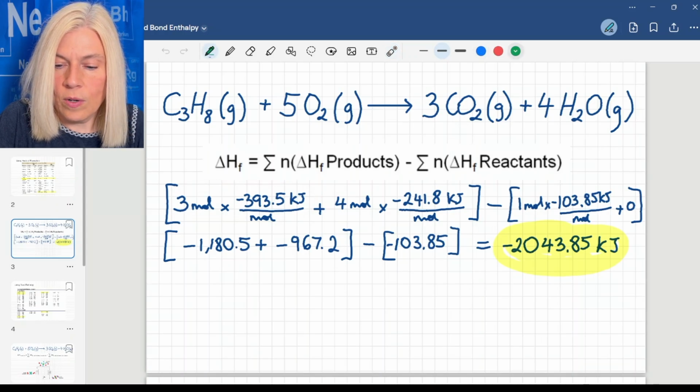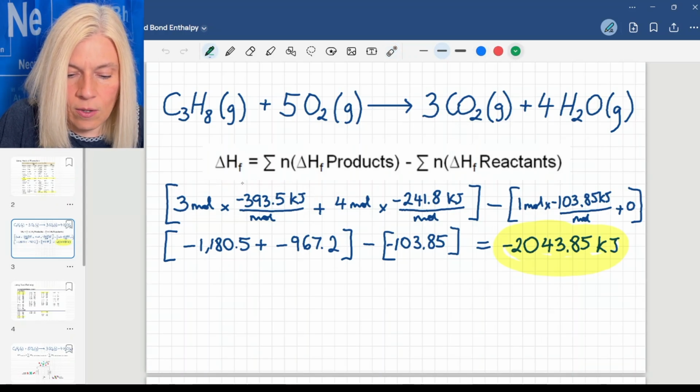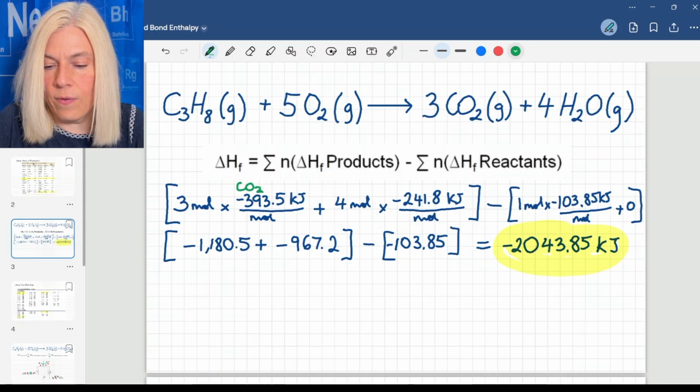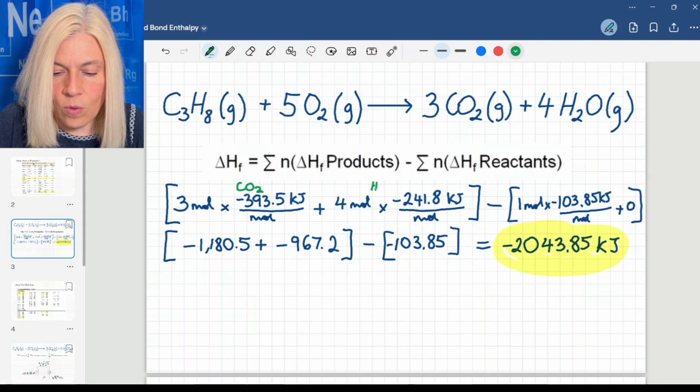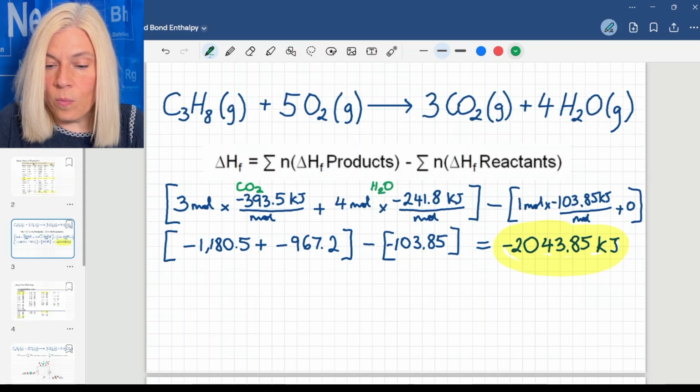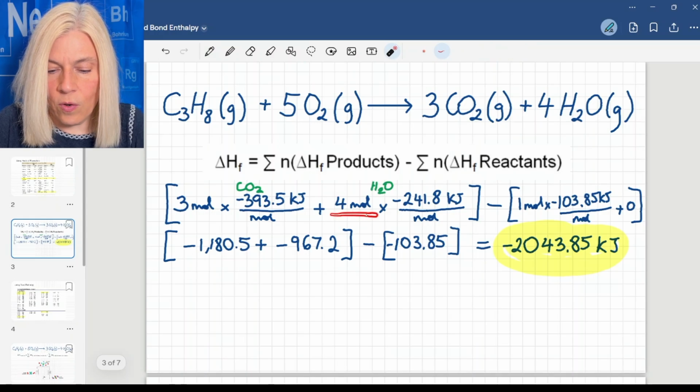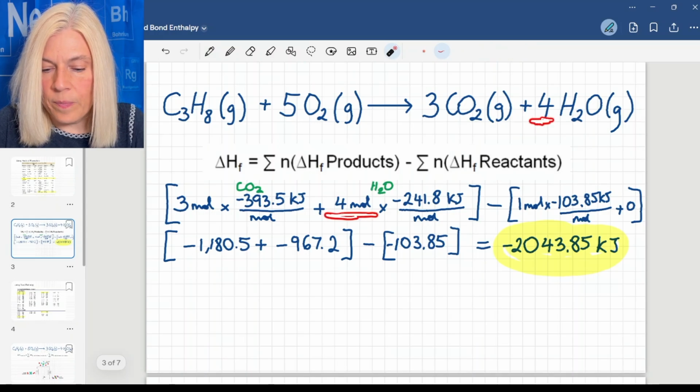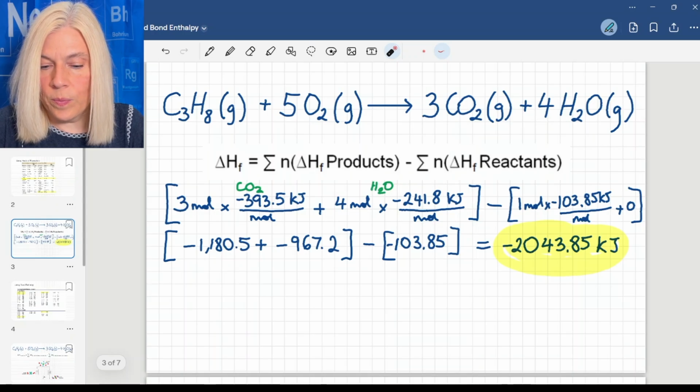Maybe I should write this. This is my CO2, plus, what do I have? Water, H2O, and I have 4 moles of water. And this is negative 241.8 kilojoules per mole.